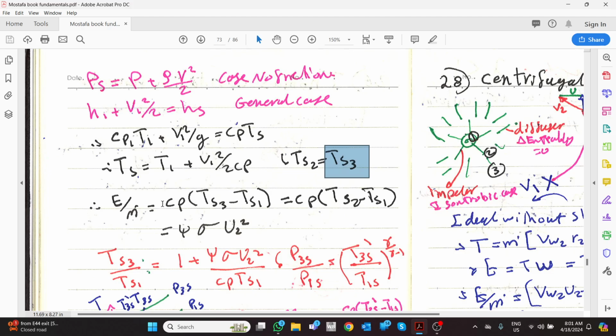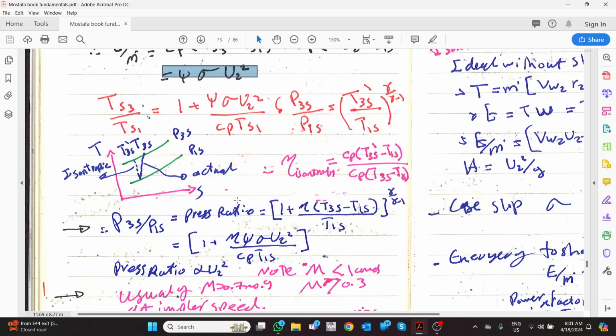Okay, so Cp stagnation 3 minus stagnation 1, which will equal stagnation 2 minus stagnation 1. So this one is based on thermodynamics, and this one is based on the velocity diagram and fluid mechanics. So this term is equal to this term.